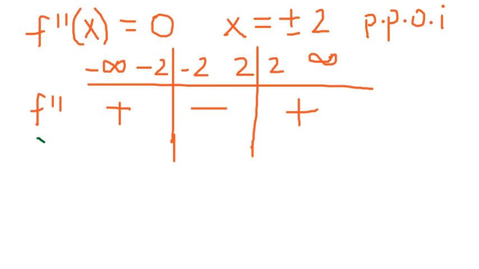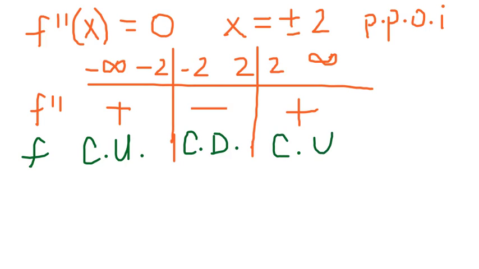Well, this means that my original function that we started with, f, is concave up from the interval negative infinity to negative 2, is concave down on the interval from negative 2 to 2, and is concave up from 2 to infinity. So those possible points of inflection are definite points of inflection here.